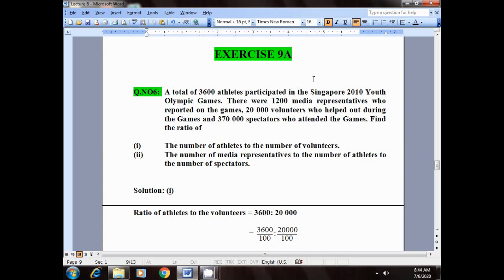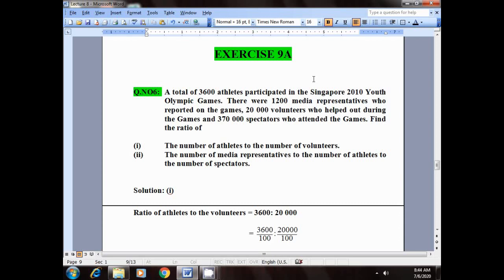Find the ratio of the number of athletes to the number of volunteers, and the number of media representatives to the number of athletes to the number of spectators. Now in this question we will simply find the ratio of the media representatives, athletes, or the volunteers.